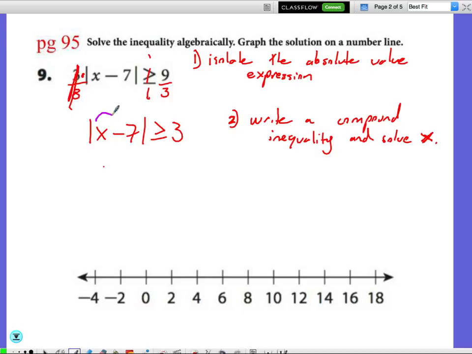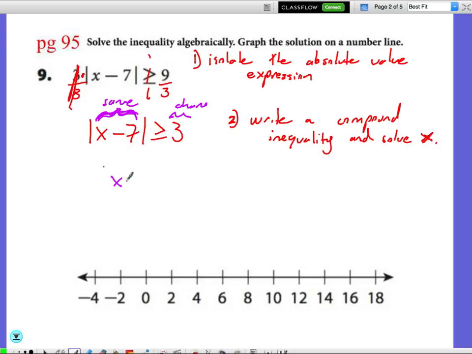We're going to take this right here, and what did we say when we took a look at lesson 2.2? We said that this stays the same and this is going to change. So exactly the same for inequalities.